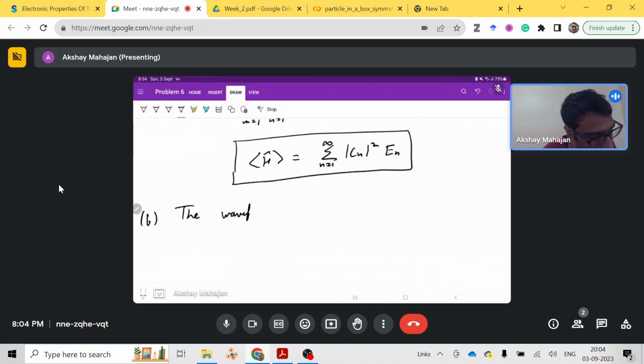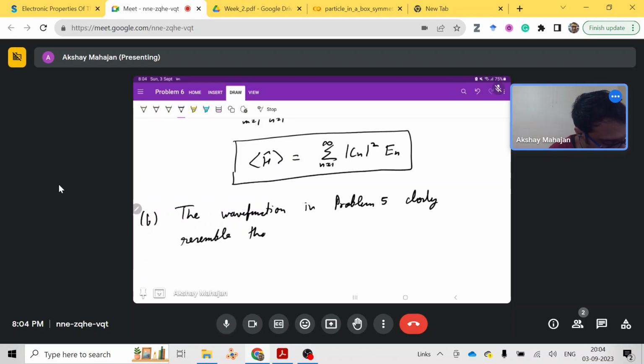Now the wave function in problem number 5 closely resembles the ground state, psi 1, for n equals 1.